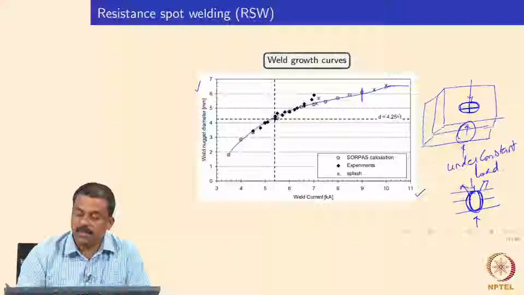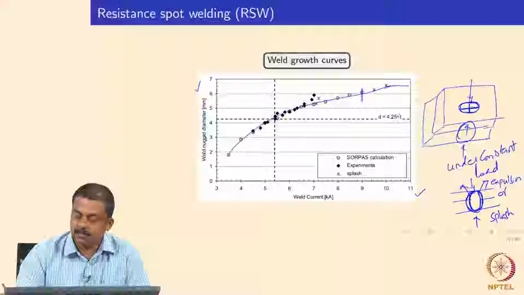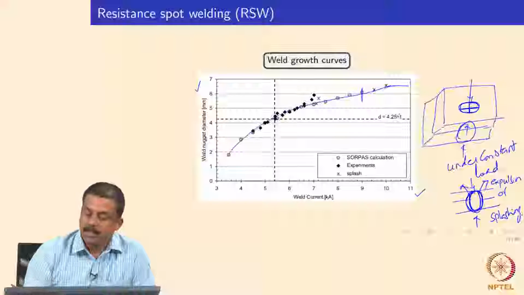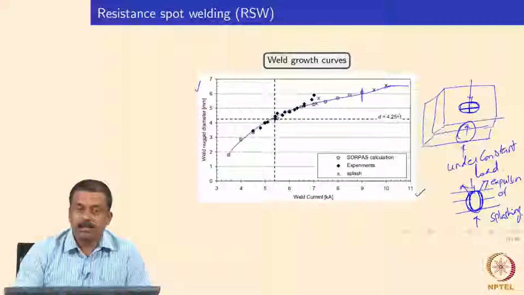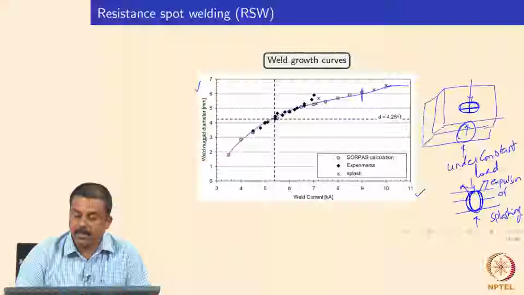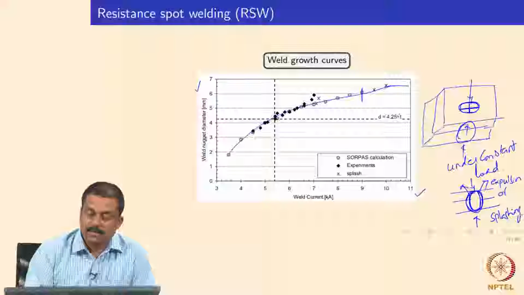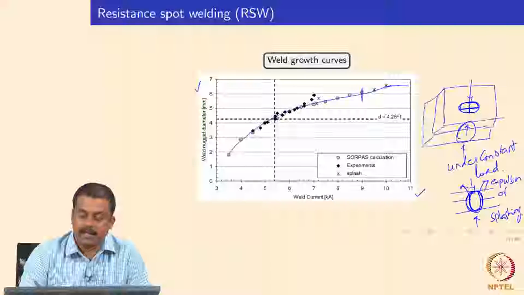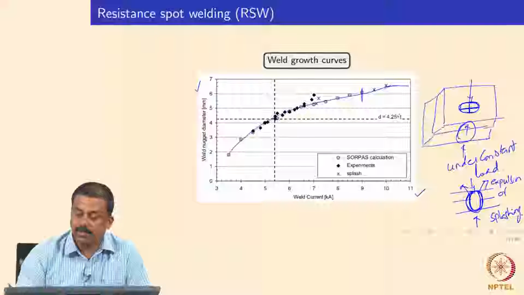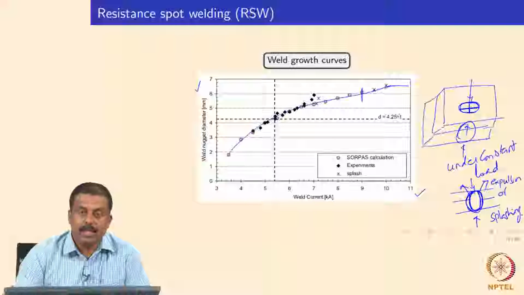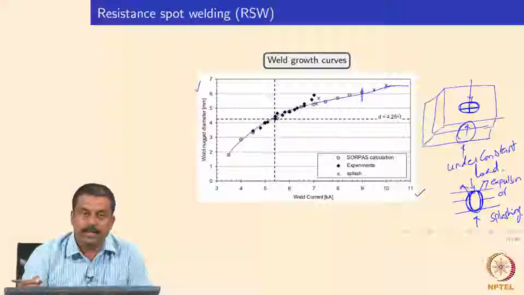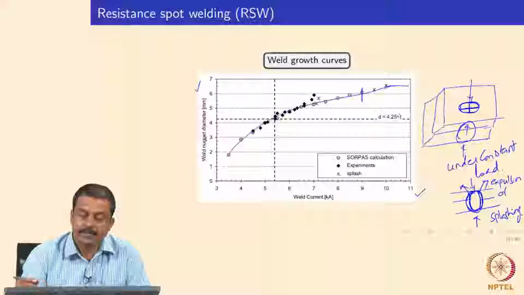That situation is known as expulsion or splashing. That is not advisable, because you end up making a cavity by expelling the liquid metal that is formed at the faying interface. That happens when you use excessively high current, and with the application of load, the molten liquid is expelled, forming undesirable cavities.